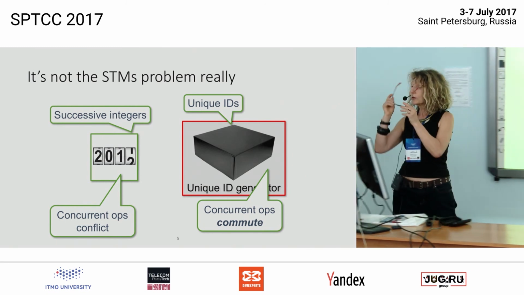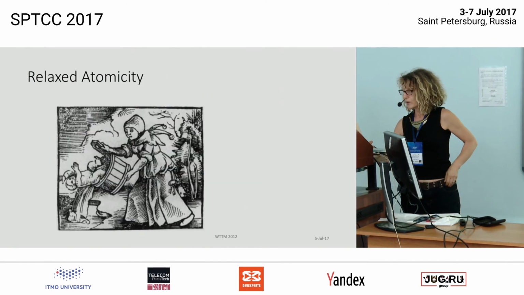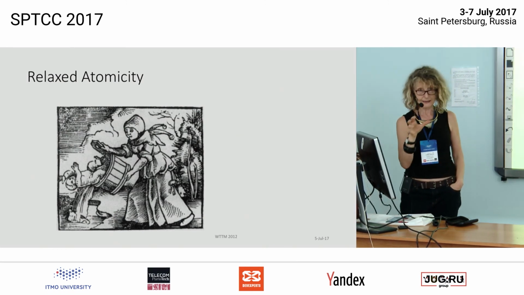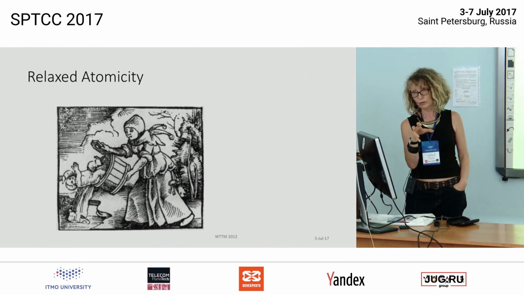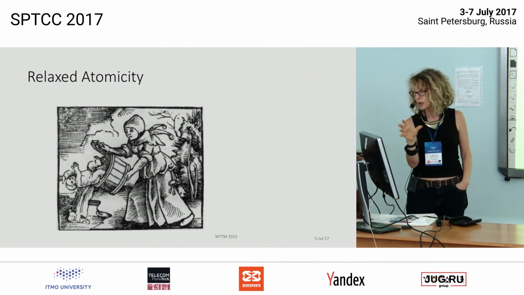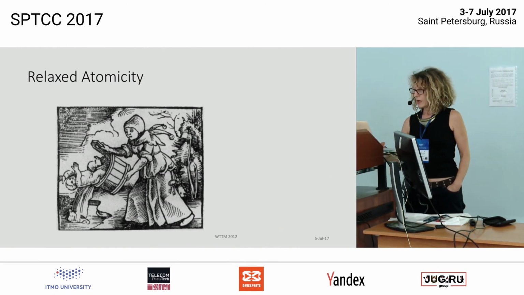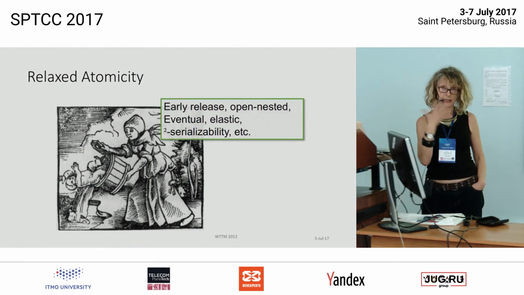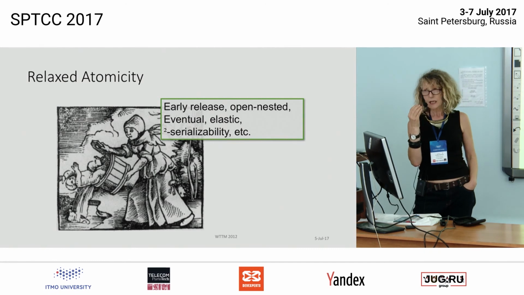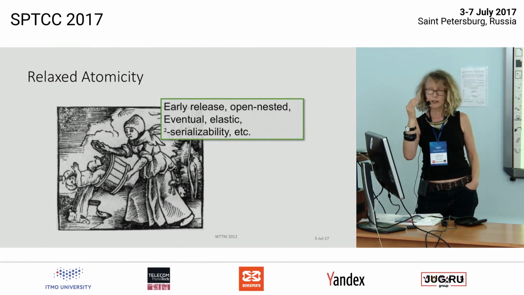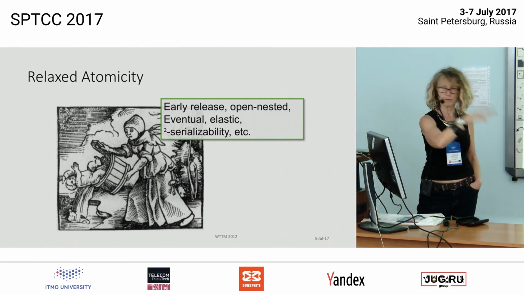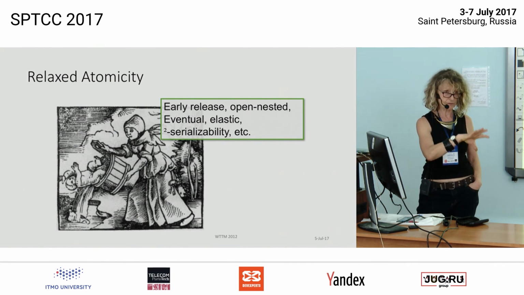You have probably seen something called relaxed atomicity, where people say, let's not do exactly atomicity, it's okay to do something which is weaker, or you may have seen early release, which says, well, those locations, you don't really need to check them. Why don't you remove them from the read set and ignore them?